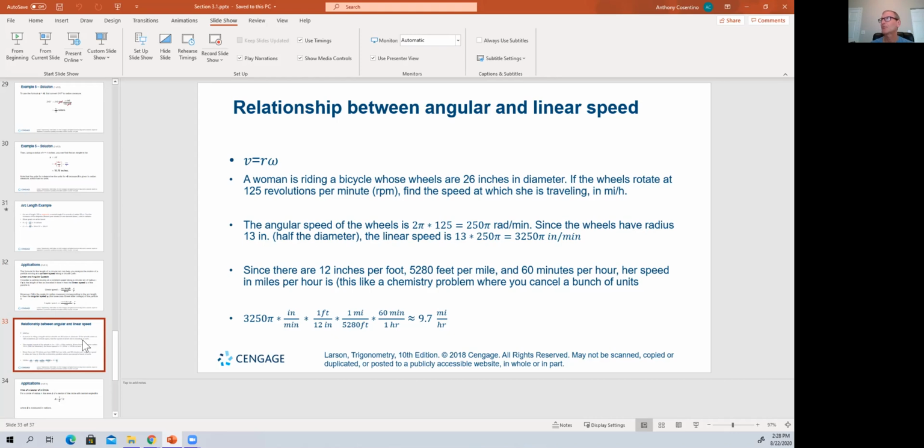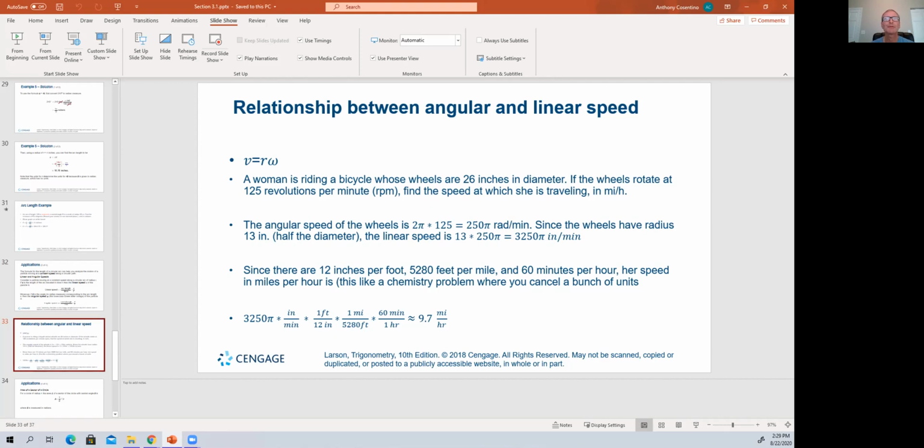So it says a woman is riding a bicycle whose wheels are 26 inches in diameter. And if the wheels rotate at 125 revolutions per minute, find the speed that she's traveling. And we're going to do it in miles per hour, right? That's what our speedometer in our car shows, and when I look at my Apple Watch as I'm riding my bike, it gives me the speed in miles per hour.